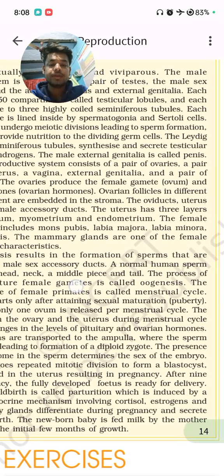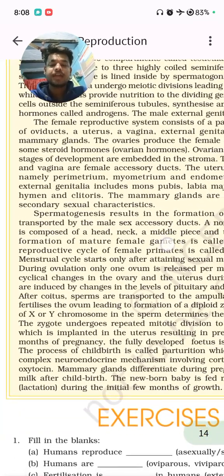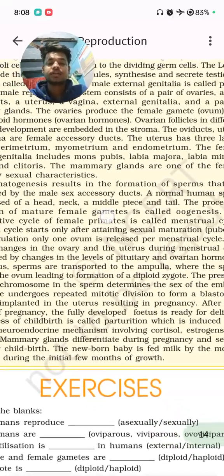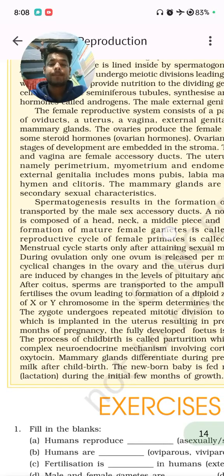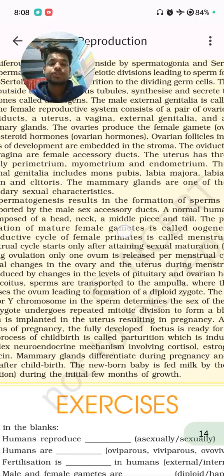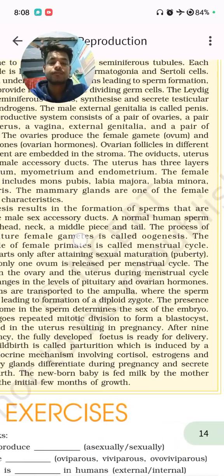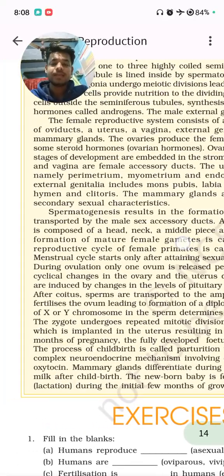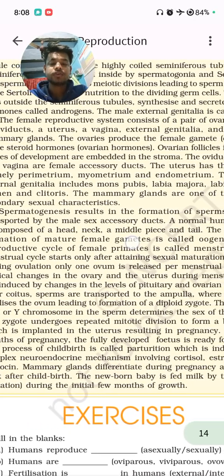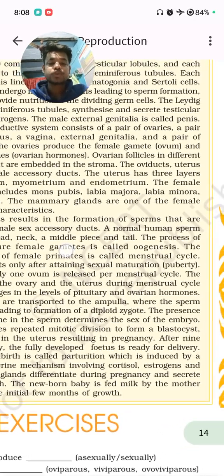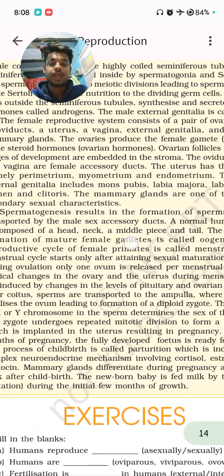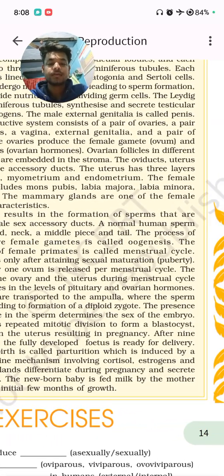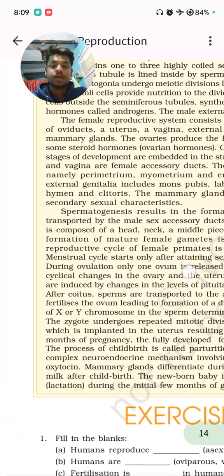The oviducts, uterus, and vagina are the female accessory ducts, and the uterus has three layers, namely perimetrium, myometrium, and endometrium. The female external genitalia include mons pubis, labia majora, labia minora, hymen, and clitoris, and the mammary glands are one of the female secondary sexual characteristics.